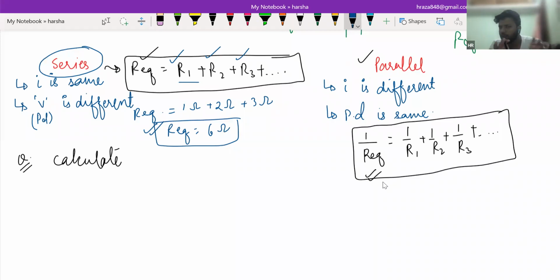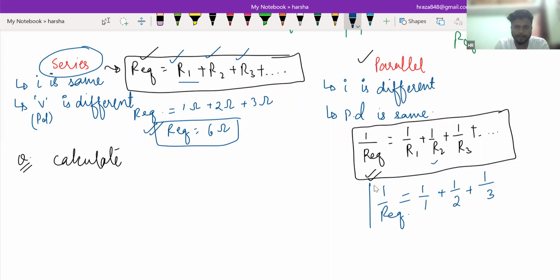But when it comes to parallel, since this is reciprocal, this R equivalent will be smaller than the smallest individual one. What I am trying to say is that if you are going to take again 1 ohm as R1 and 2 ohm as R2 and 3 ohm as R3, can you calculate it? Anyone?